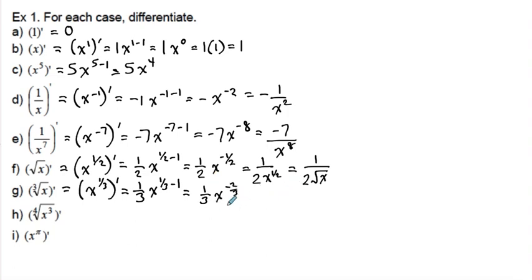And when I have, again, a negative exponent, I can write this as a fraction. 1 is going to be in the numerator, my 3 is in the denominator, and my x to the 2/3 now is in the denominator. But instead of writing this as a rational exponent, I could write this as a radical. So this is going to be 3 and the cubed root of x squared.